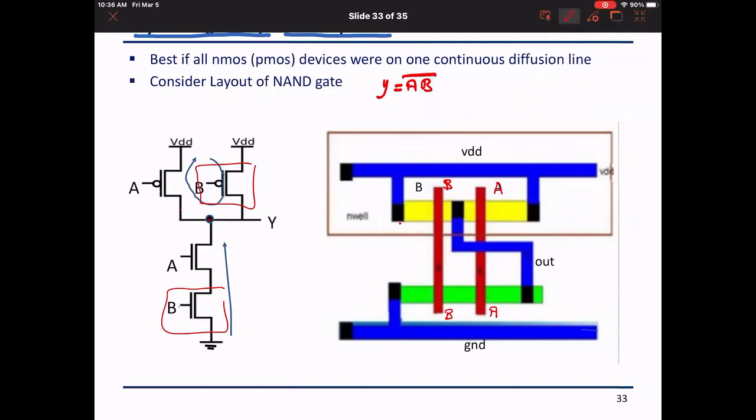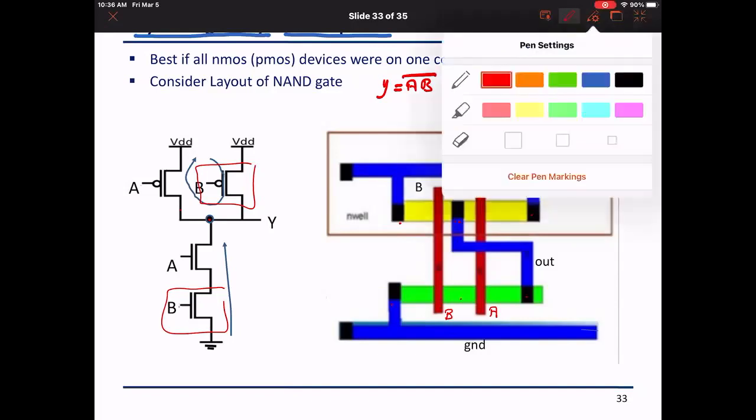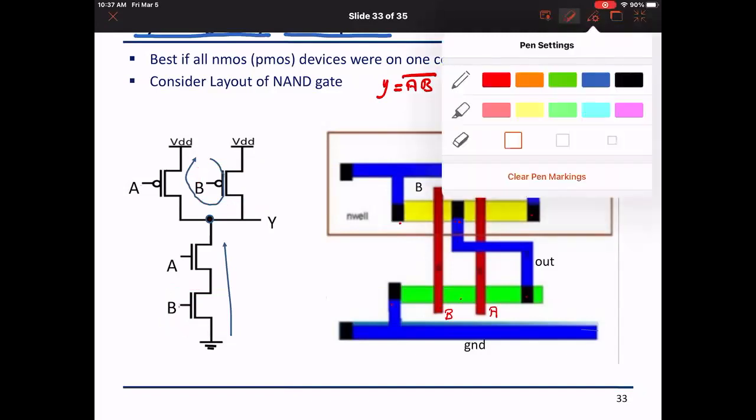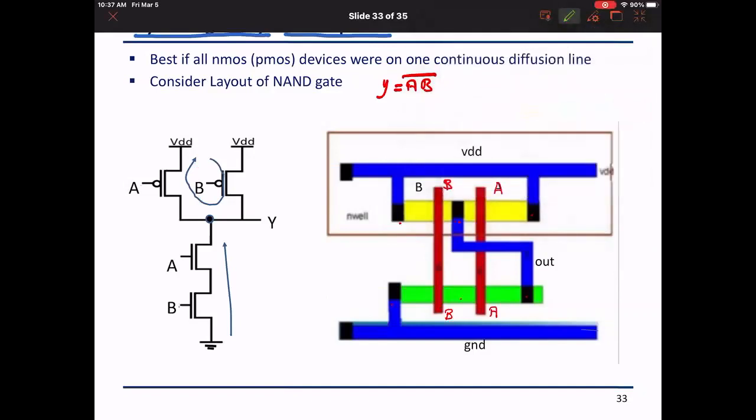The PMOS for B first, and then the PMOS for A. The NMOS for B first, and then the NMOS for A. This means that when I come to the schematic, I want to create a path that will visit B first and then A. If I start to visit the transistors, let me assume they are houses, I'm going to go in the path B to A, and I can find a similar path on the PMOS that starts from VDD and goes through B and then visits A.